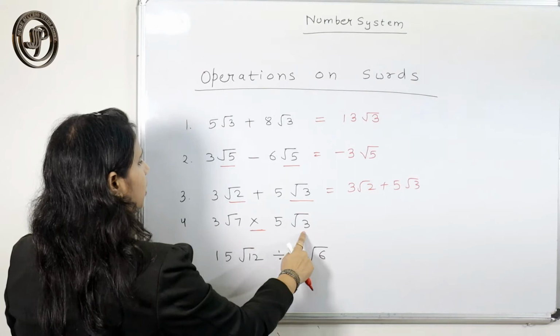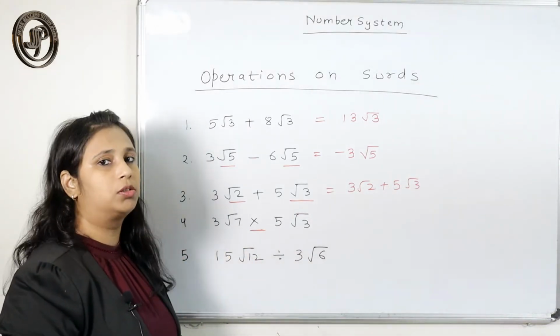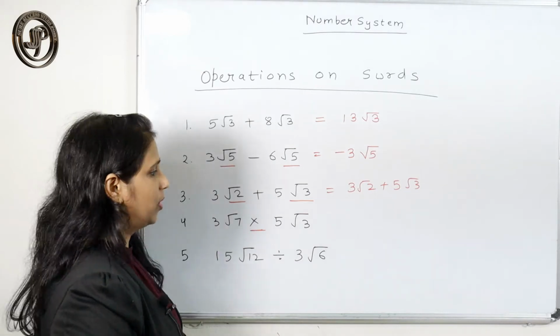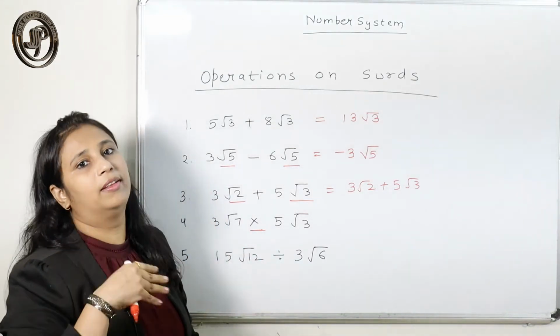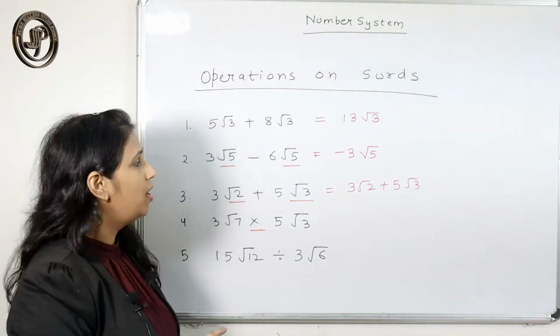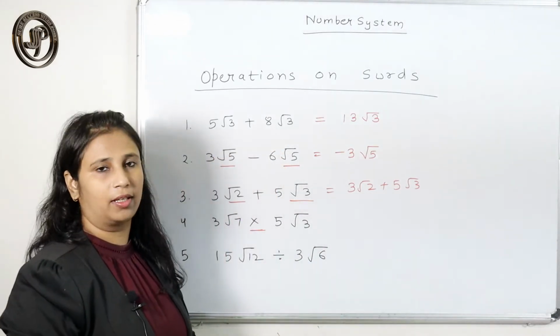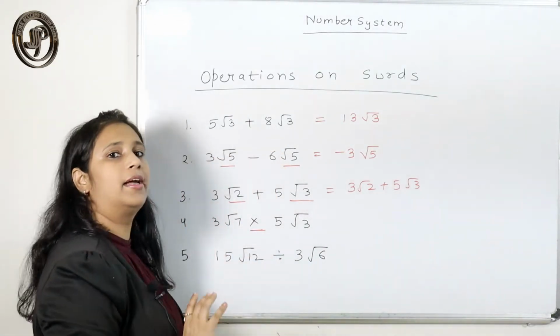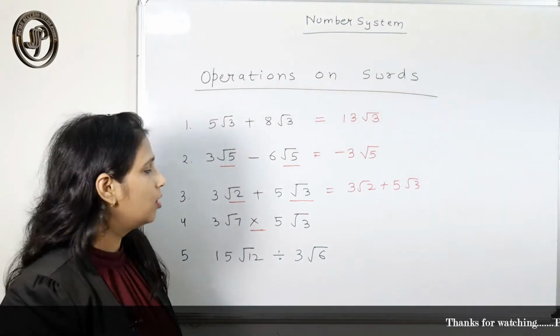Even if they are like, you can also do the same thing. So don't think that you can multiply only when the surds are like. It is necessary for the surds to be like only to add them. To multiply or divide them, whether the surds are like or unlike does not matter.